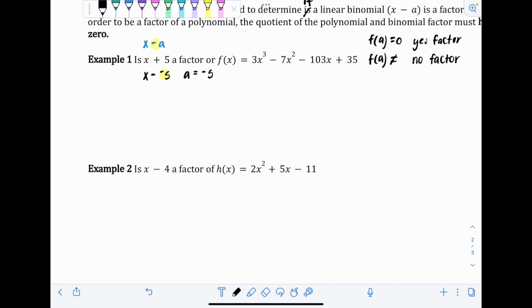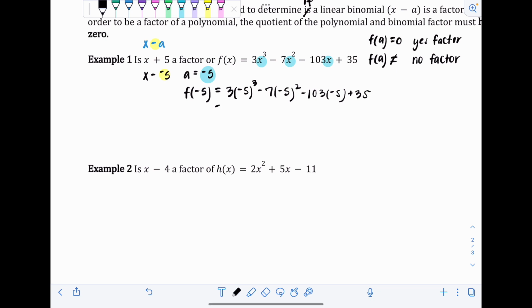Okay, so we're going to evaluate the function at f of a. So we'll put -5 in for all of the x's. So f of -5 equals 3 times -5 to the third power, minus 7 times -5 squared, minus 103 times -5, plus 35.